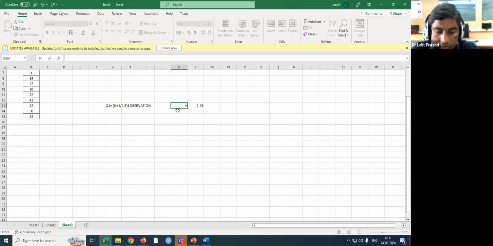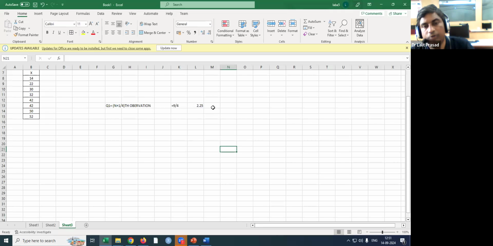So that is equal to 9 divided by 4, which is 2.25. So 2.25 ऑब्जर्वेशन है ये.